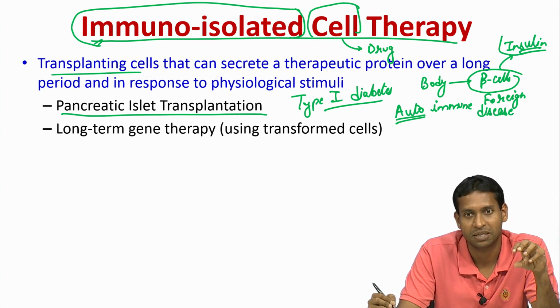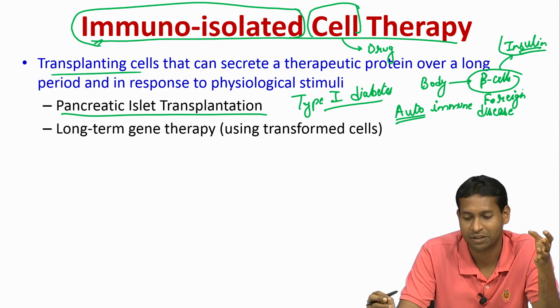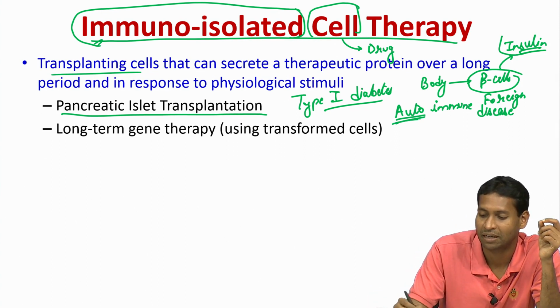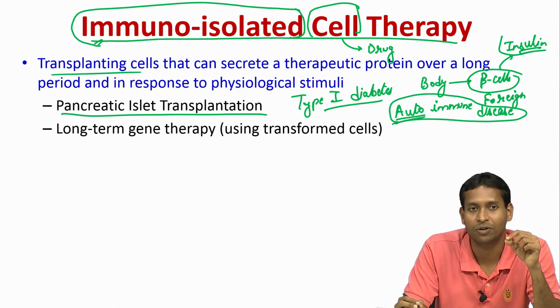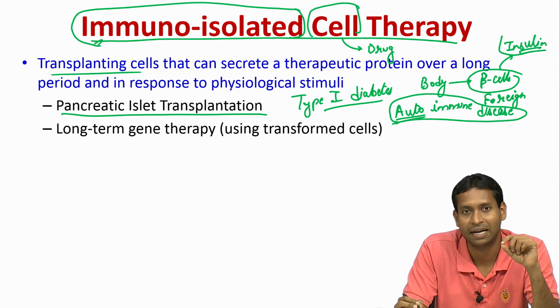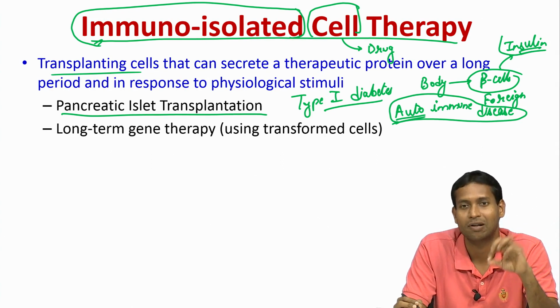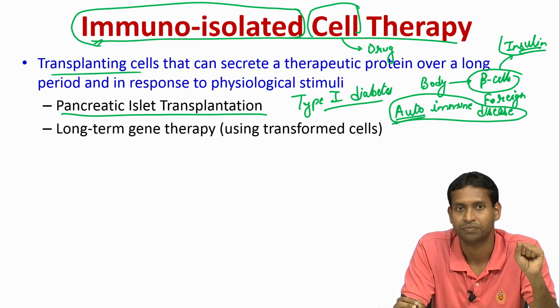You can try to put some other cells, or maybe the original cells, if you are able to retrieve some of them, you can put them back in, but then the body is going to react again against those cells, because the body already has an autoimmune disease. So what you have to do is make sure that when you put these pancreatic islet cells into those patients, they are isolated somehow from the immune system.